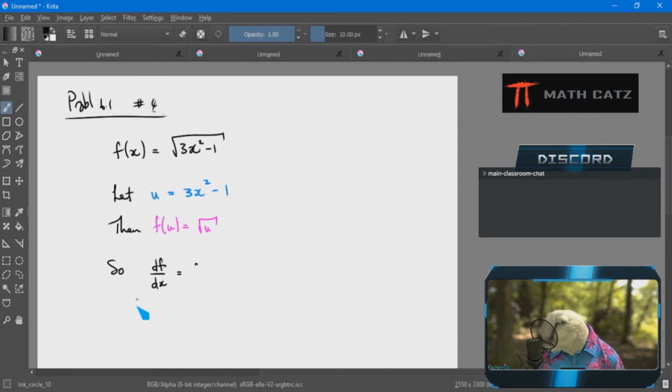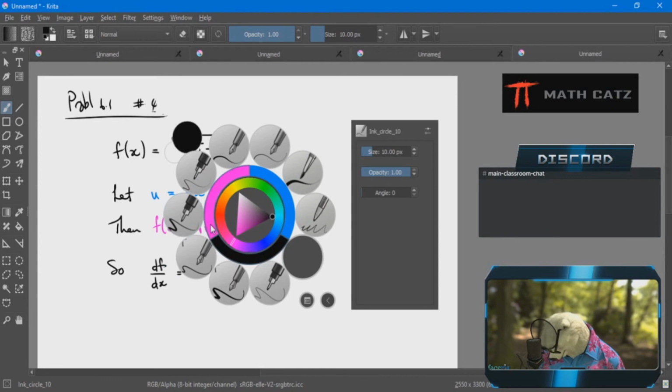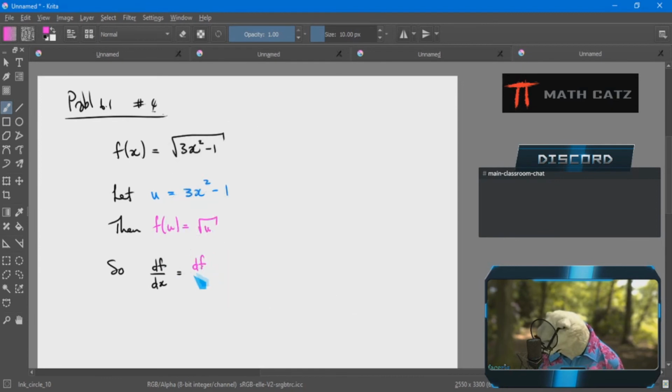I want to be pink, right? Derivative of the outside function. And you see its variable is u. Times derivative of the inside function. And you see its variable is x. So these are completely separate derivatives.